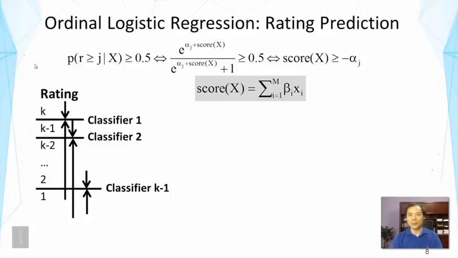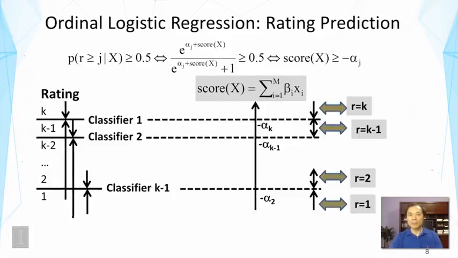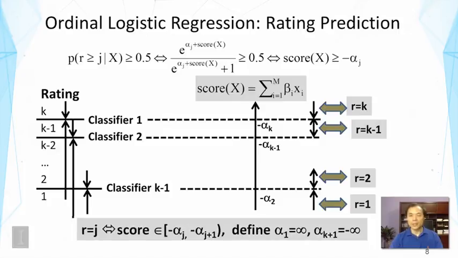The scoring function is just a linear combination of all the features weighted by beta values. So now we can simply make a decision of rating by looking at the value of this scoring function and seeing which bracket it falls into. The general decision rule is thus: when the score is in the particular range of alpha values, then we will assign the corresponding rating to that text object.